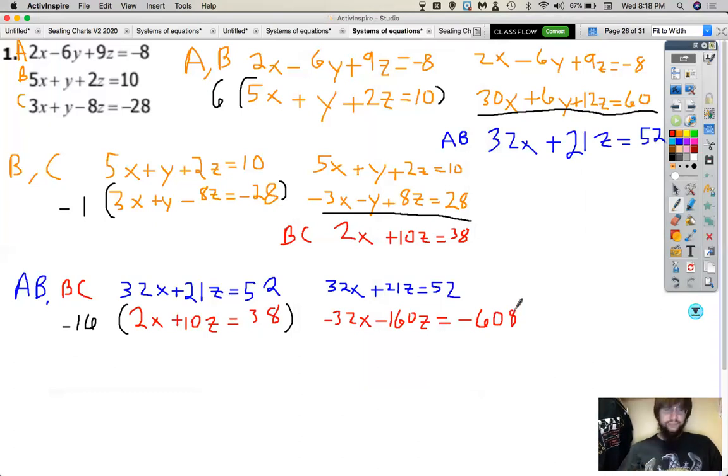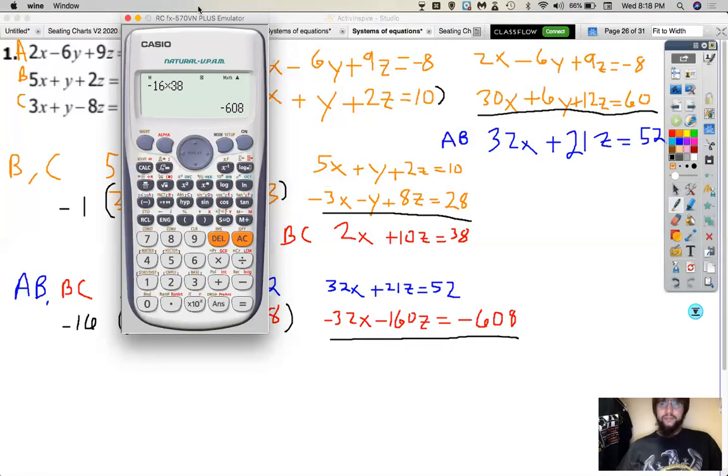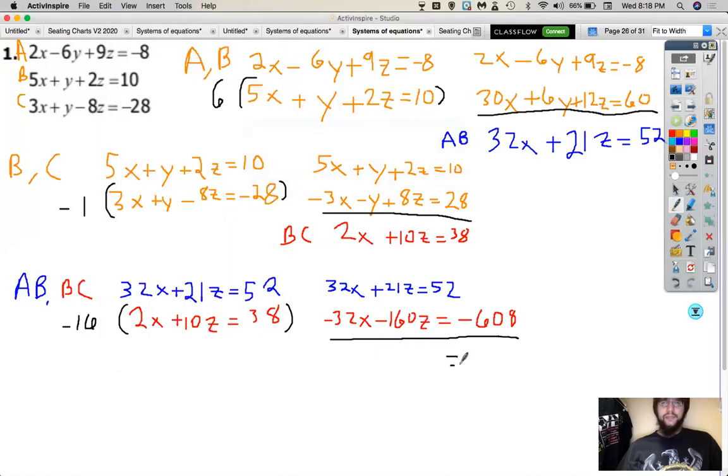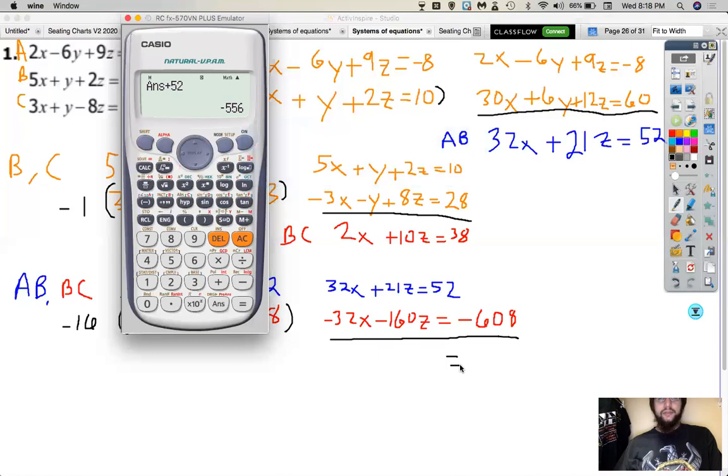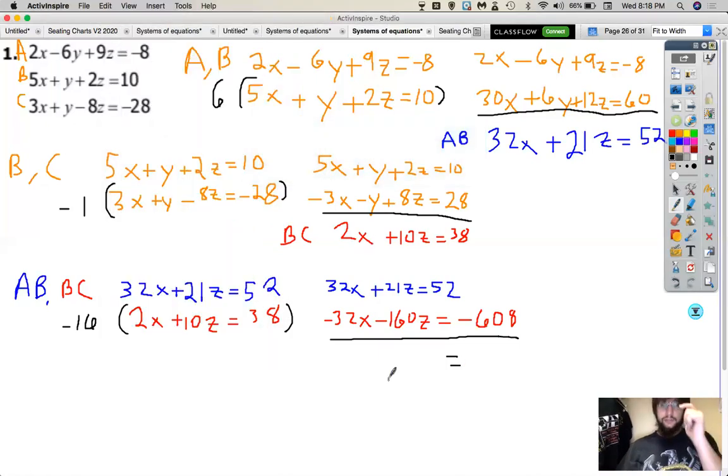Oh, okay, let's see. Combine these things. Negative 608 plus 52. Oh, okay. Yeah. That'll work. Sorry. Let me just do it in order. Sorry. I was thinking ahead of myself. Those cancel.